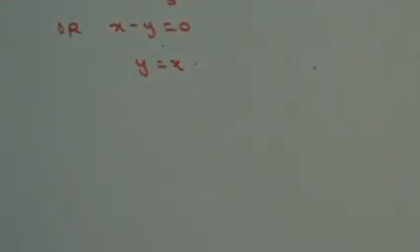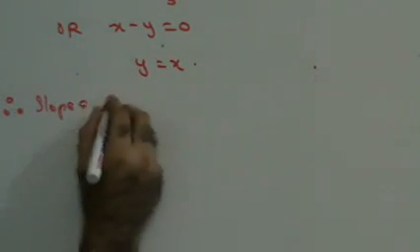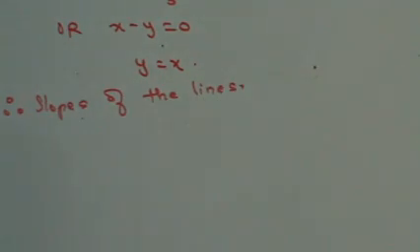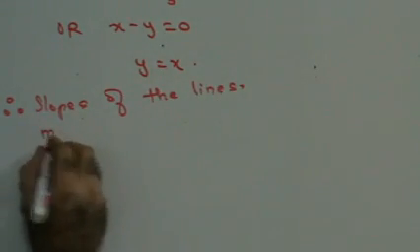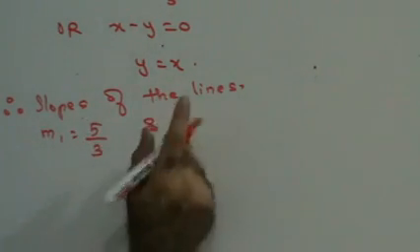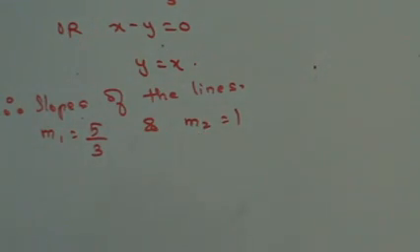Hence I could say therefore the slopes of the lines, both the lines are in the form y is equal to mx, so slopes of the line are going to be m1 is 5 upon 3 and m2 is going to be 1. These are the slopes of the line.